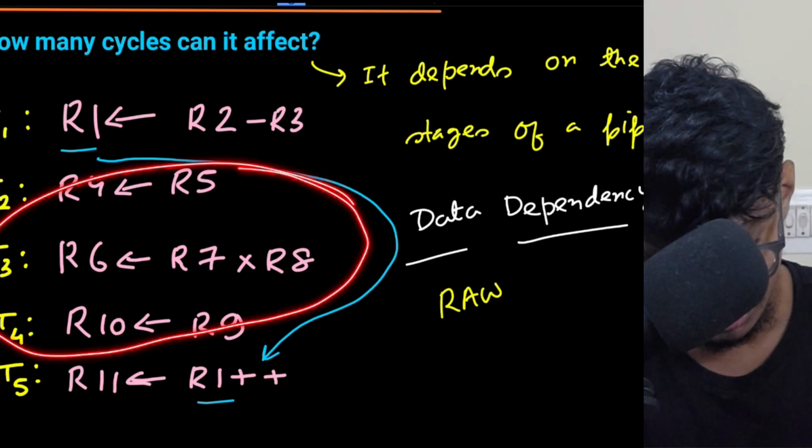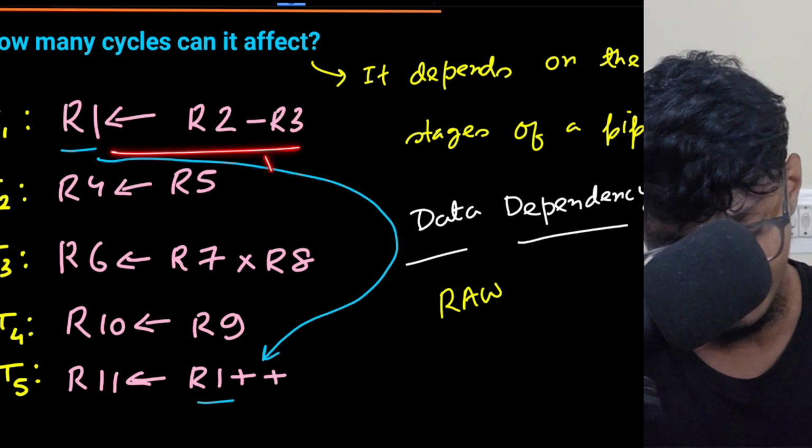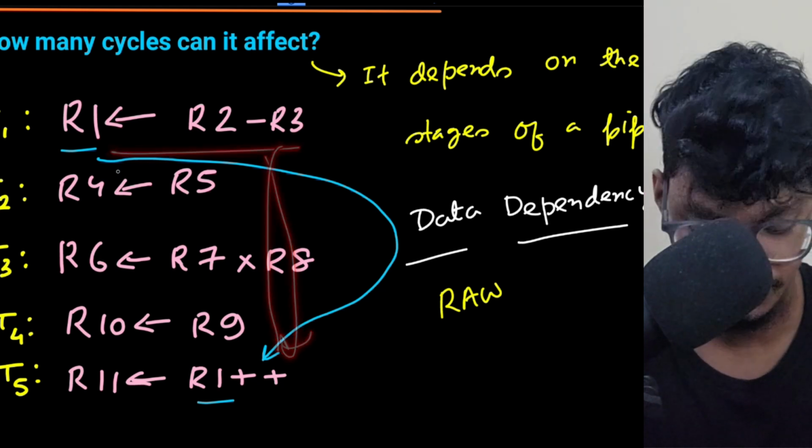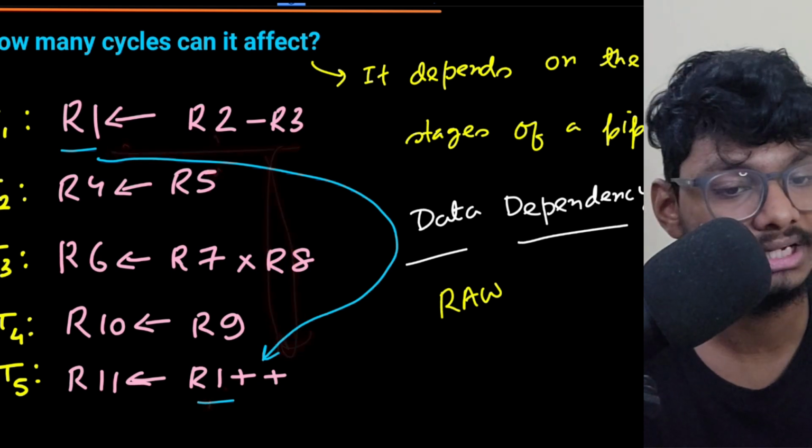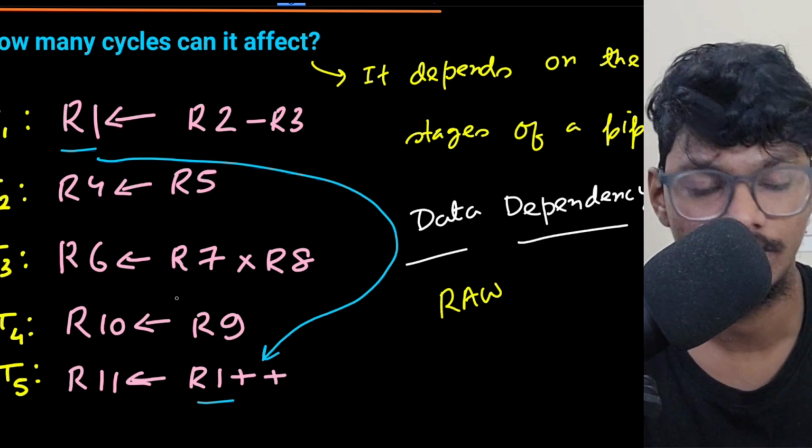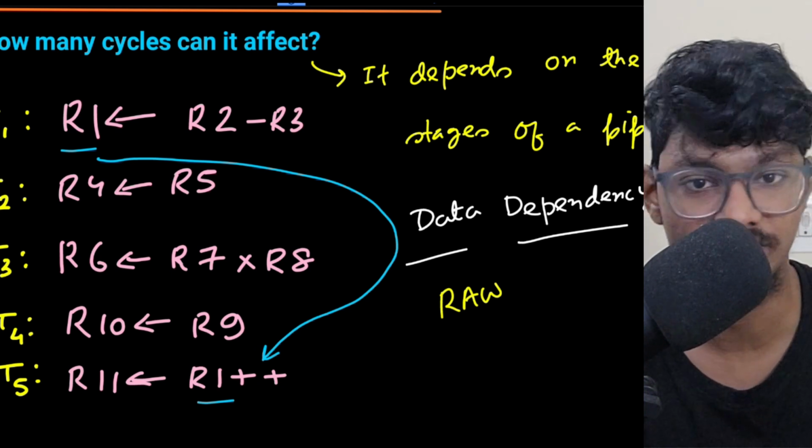If I have 3 instructions already happening and enough space between these 2 dependencies, then I don't need to provide any stall, or no hazard will be caused.